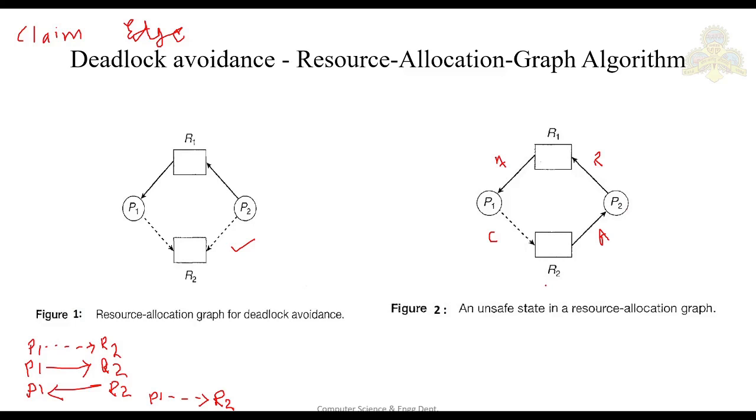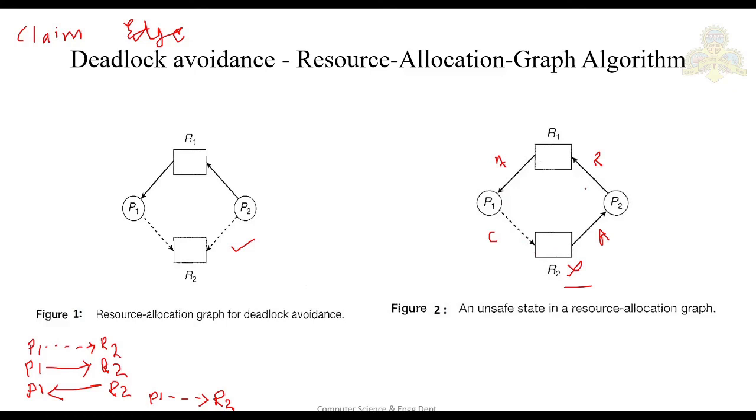Okay, so you have to understand here in this particular diagram, your operating system will not allocate the resource R2 to process P2. Why? Because whenever P2 requests this R2, it will understand that there is a claim edge from P1 to the same resource. Anytime, if the process requests this resource, this claim edge can be converted into a request edge.